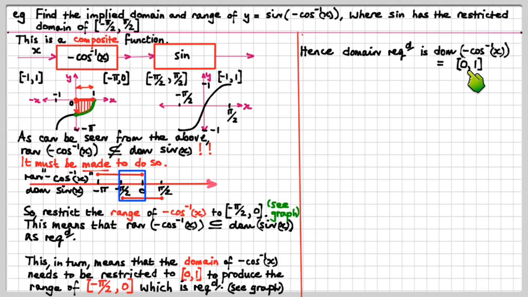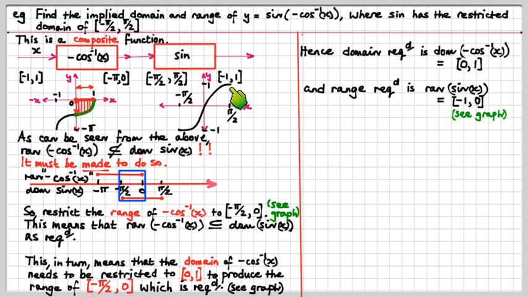That's the domain of the composite function, the partial domain, if you like, of minus inverse cos x, which is 0 to 1, and that gives us a range required coming out the other end. Now, if you have a look, it's going to be from minus 1 to 0. So that's going to be the range coming out of this function here, and hence the range of the whole composite function is going to be that.